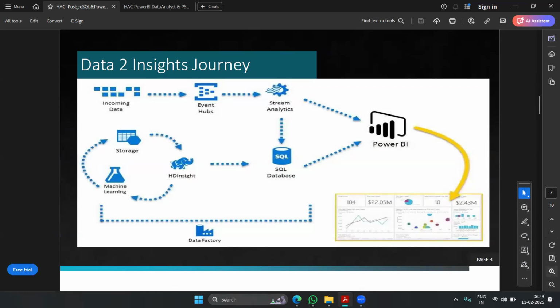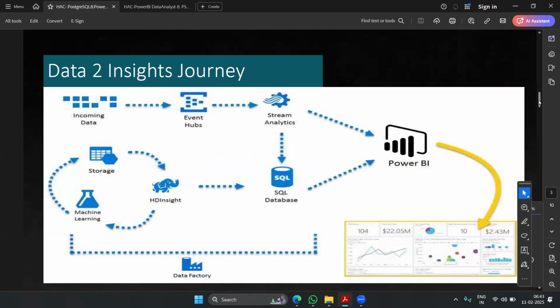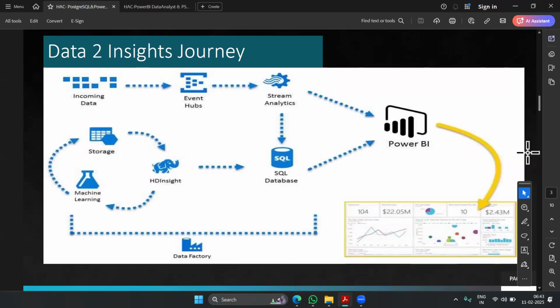If you see this diagram, it is data to insights. In the current world, almost every business is digitized. There is no business currently running manually, entering transactions in a book and calculating them in the evening.